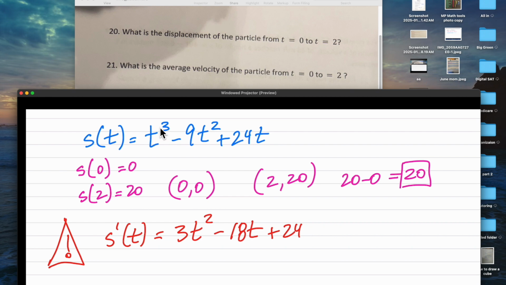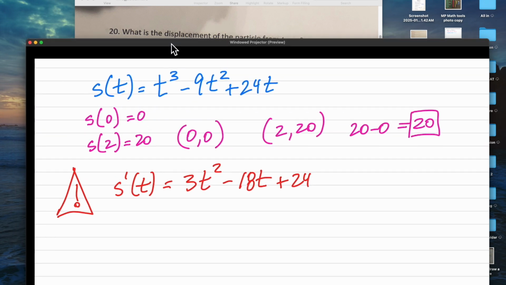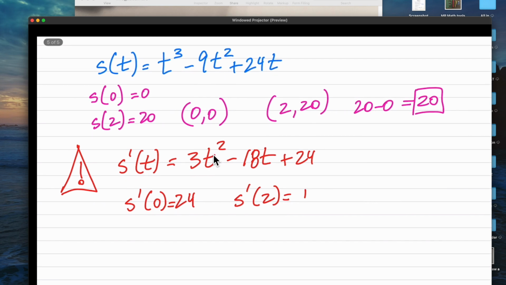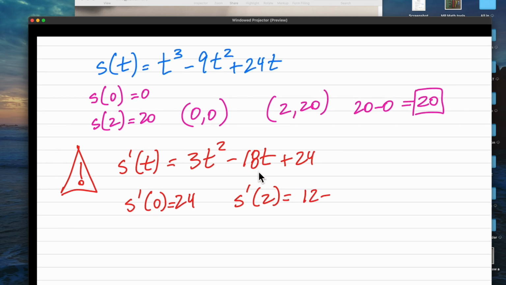Now, we cannot take the velocity at 0, which would be 24. If we do s prime of 0, we're going to get 24. And then if we do s prime of 2, we're going to get 3 times 4 is 12, minus 2 times 18 is 36, plus 24.